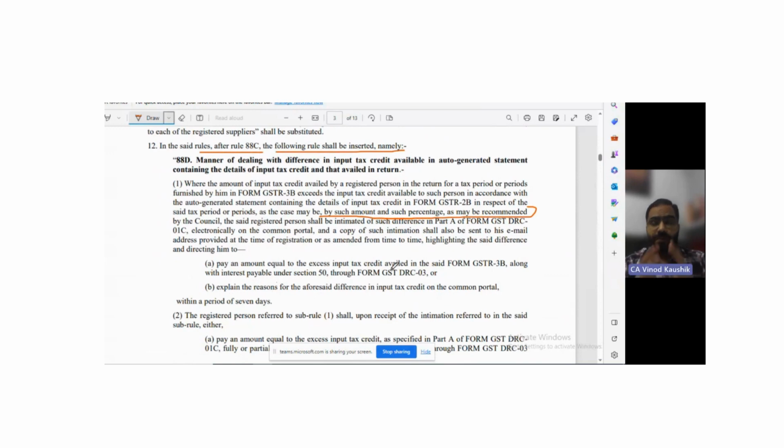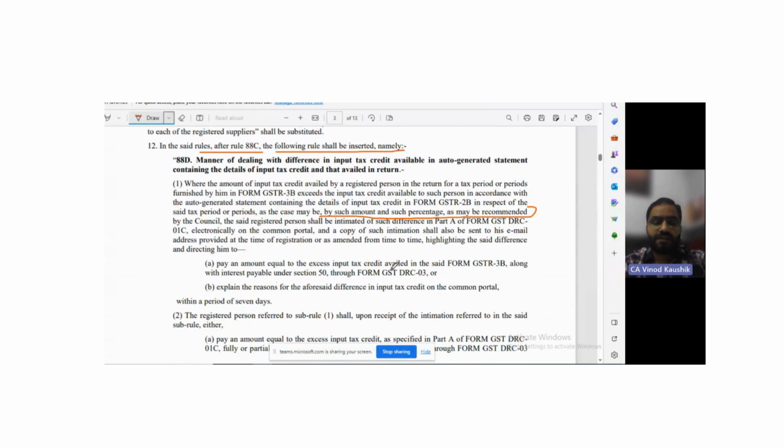So if the percentage comes as 10%, and you are taking input tax credit in excess of that, then in your case a statement shall be generated in DRC-1C Part A electronically on the common portal, uploaded on the portal and given to your email address.